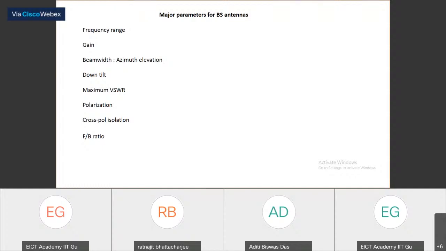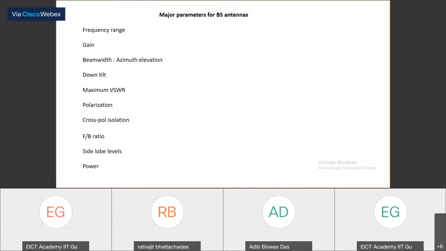They will pick up the antenna from these available ranges, because all these parameter values are determined during the network design, that I require a minimum F by B ratio of 20 dB. Some people may be happy with 15 dB. Side lobe levels, again, what are the side lobe levels you are looking at? These are issues.